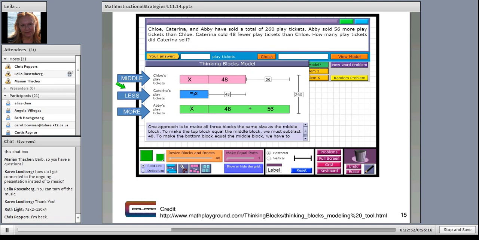I would call this an online manipulative tool. I would like to suggest that you spend some time playing with this site. It gives the student a visual understanding of a word problem, which is usually so difficult for students to understand. They read this and many times they don't even know where to start. So have some fun and spend some time doing this one. It's very good.